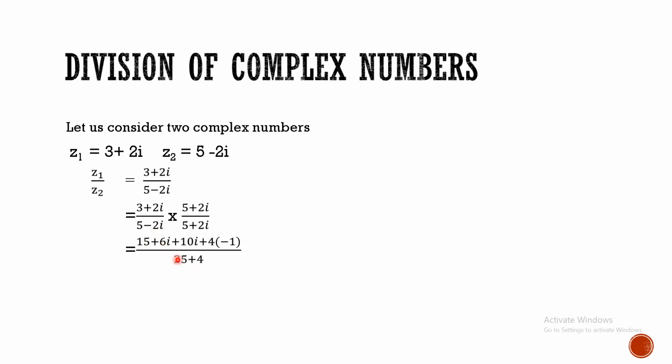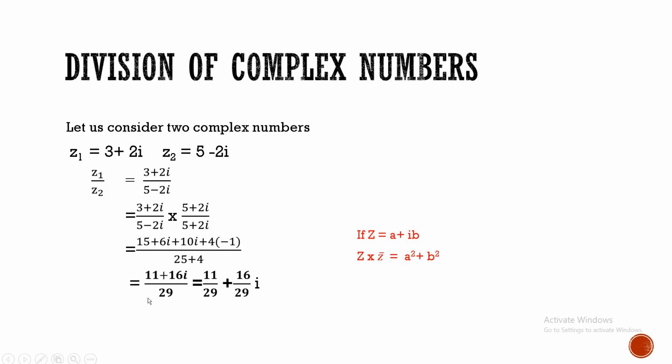So if you square the real part 5 square, that is 25, plus if you square the imaginary part minus 2 the whole square, that is equal to plus 4. So it is very simple to multiply the denominators if one part is complex and the other part is its conjugate. Now let us simplify this using the formula.